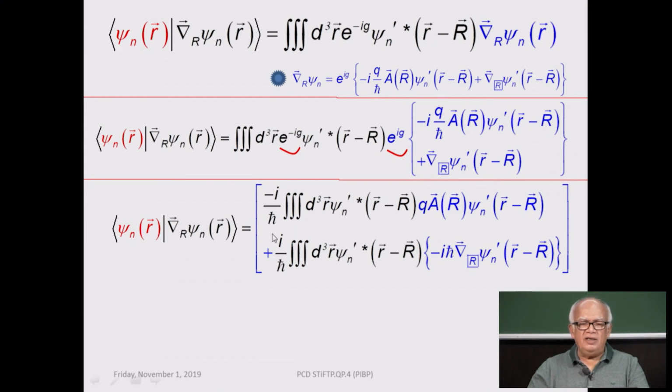First integral has got this minus i over h cross here. Okay. And then you have got a constant vector potential. And then you have got this integration over whole space of psi n prime star, psi n prime, that is like the normalization integral, it will turn out to be unity. Okay.